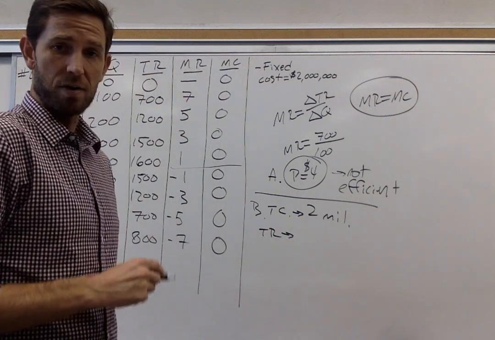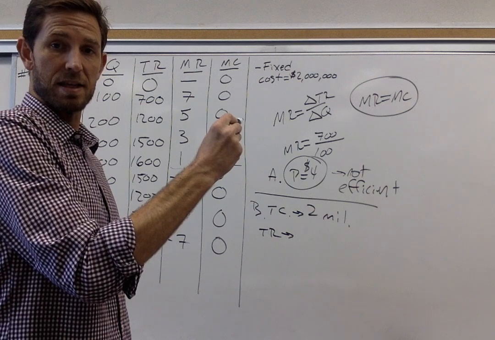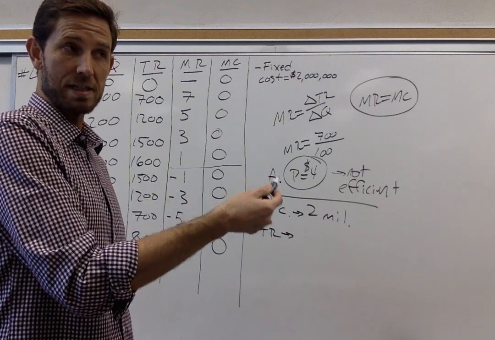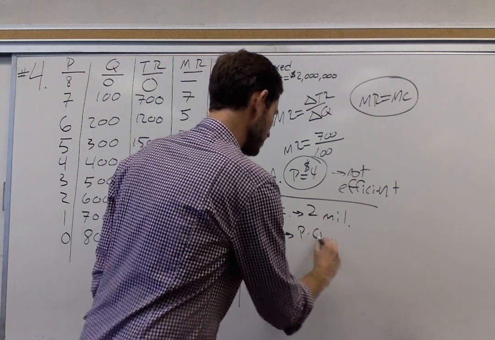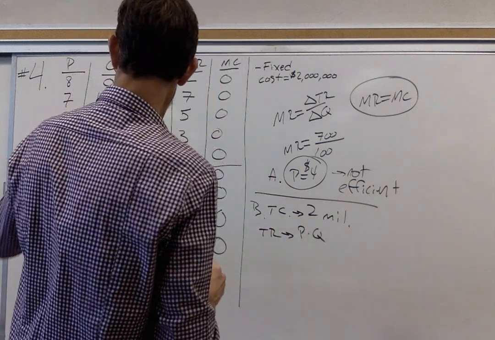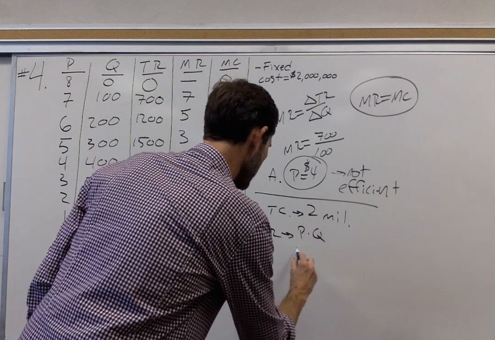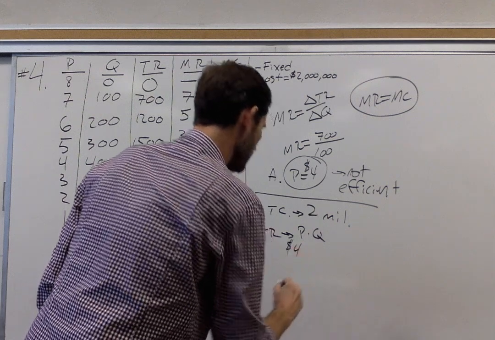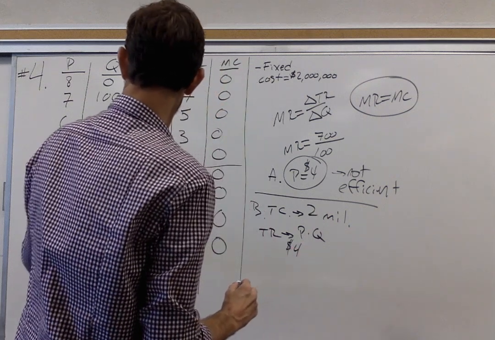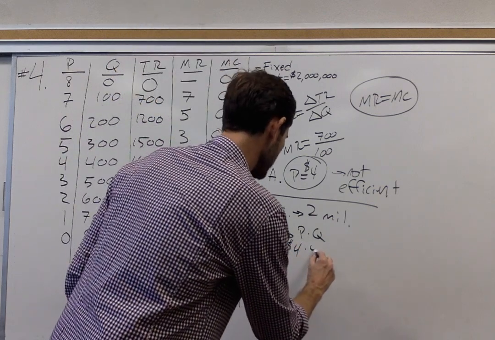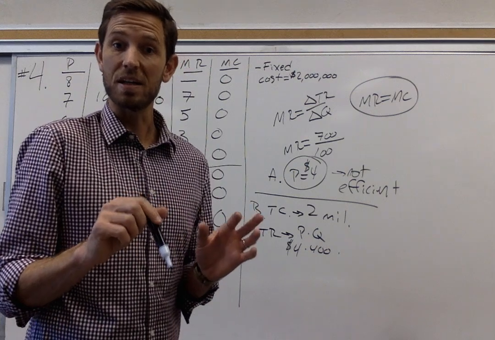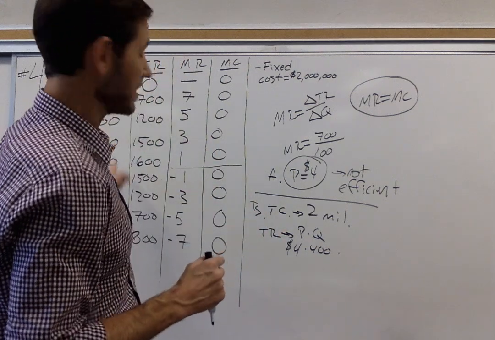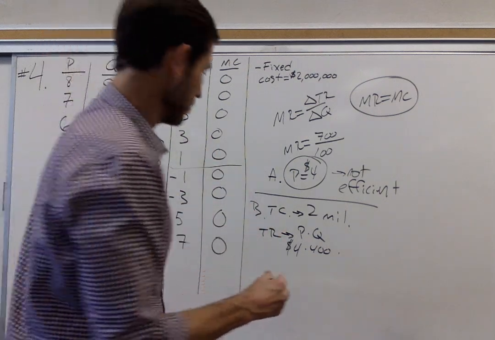To get total revenue, you're going to multiply the price that they get for each crossing by the number of crossings that actually take place. So this is going to be price times quantity, and it's therefore going to be $4 per crossing times 400 crossings. And of course, don't forget that in the very beginning of the problem, it's indicating that these quantities here are designated in thousands. So let's multiply that by 1,000.